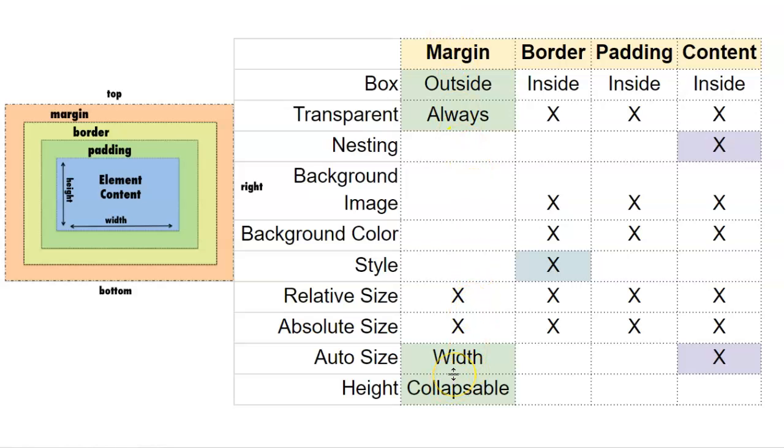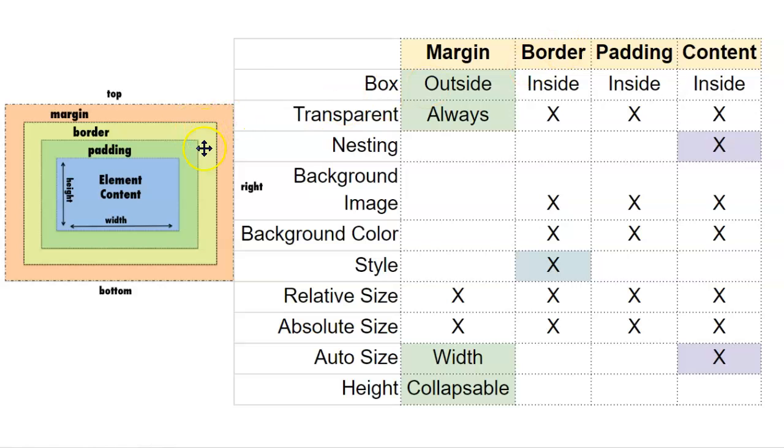You can also auto-size the width of the margin, so that's one way to get stuff centered. You can figure out the size automatically, but just for the width, not the height. If you use auto for the height, you get 0. And something else that's really weird, which I'm going to show you, is that the top and bottom vertical margins can collapse and get smaller than what you would expect.